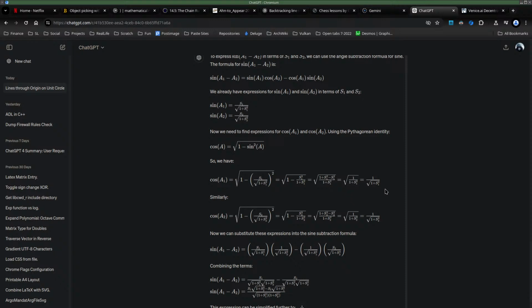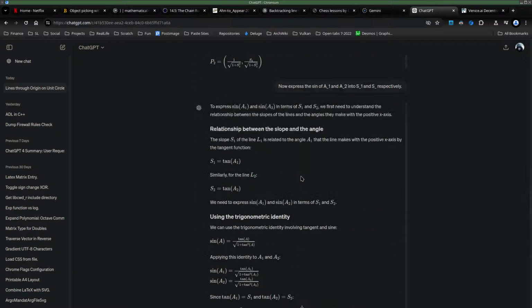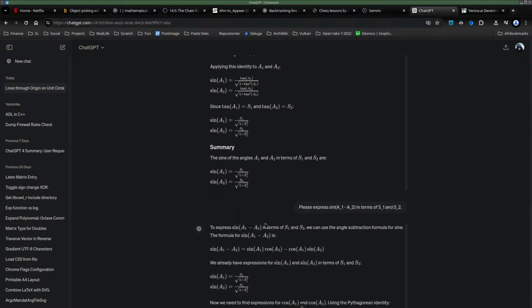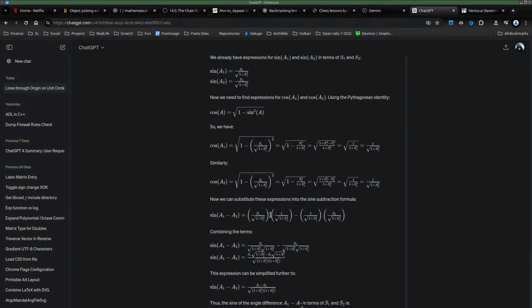That's correct. But we already knew that because that's the x-coordinate of those points. This is the cosine. It's taking a bit of a detour here.